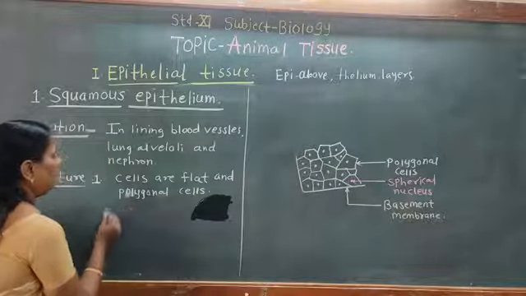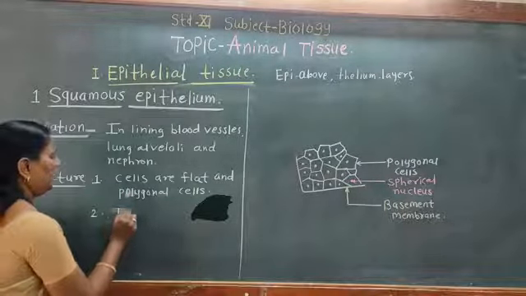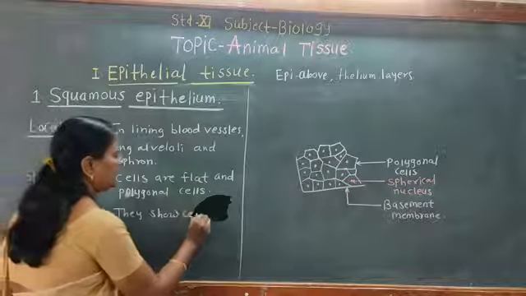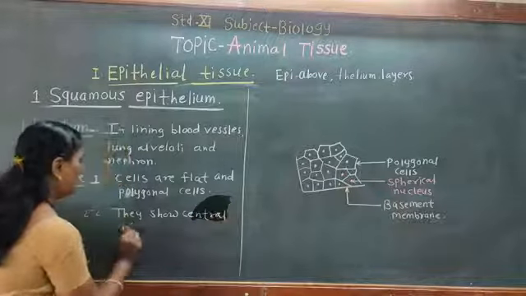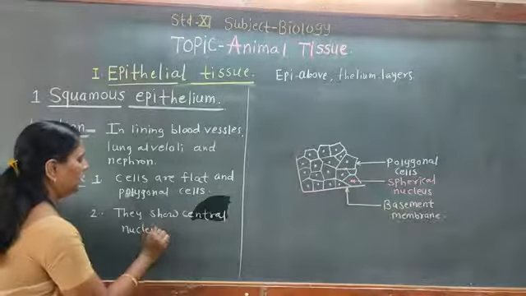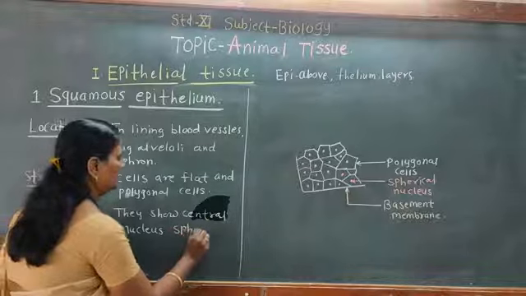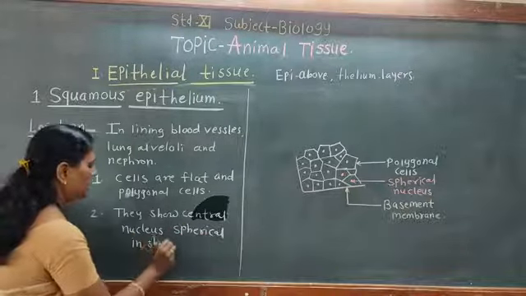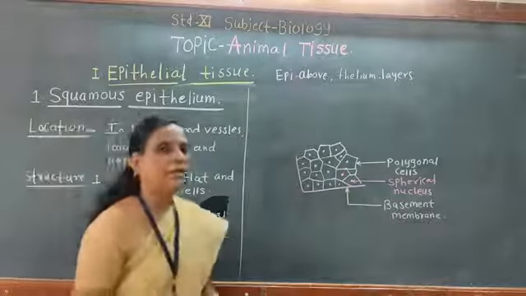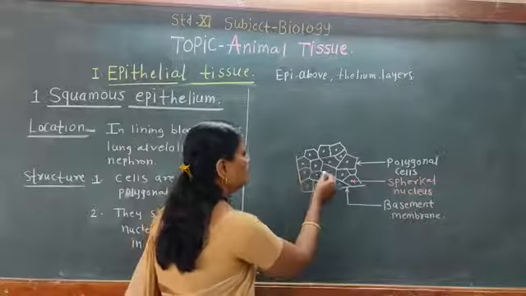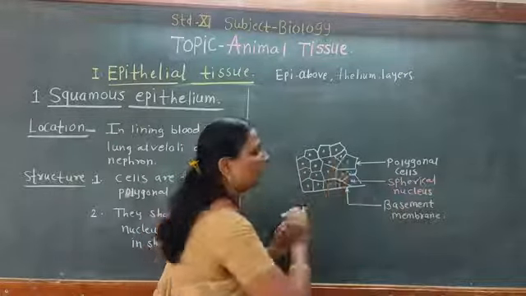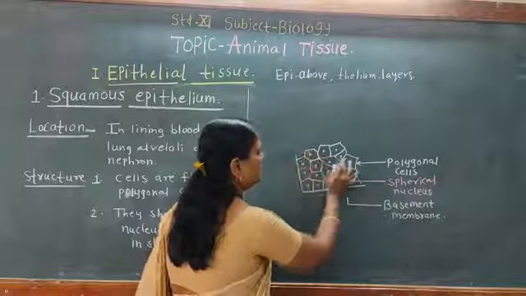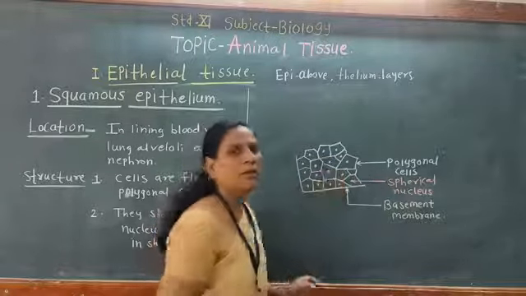Cells are flat polygonal. Second, they show central nucleus, which is mainly spherical in shape. See this nucleus which is present at the center. Cytoplasm is clear. इथे कुठेही ग्रॅन्युल्स वगैरे दिसत नाही. सायटोप्लाझम क्लिअर दिसतं आणि सेंटरला स्फेरिकल न्यूक्लियस आहे.